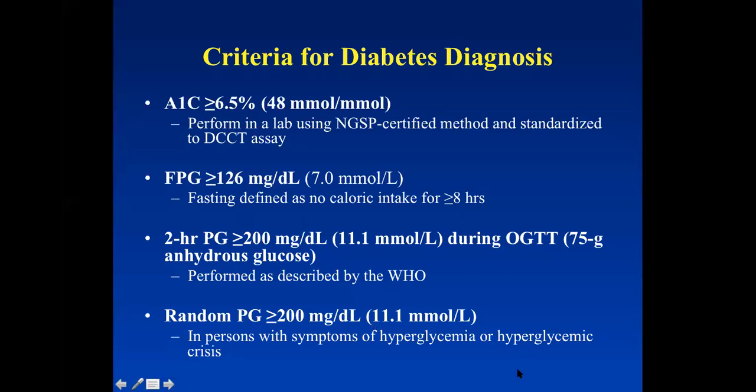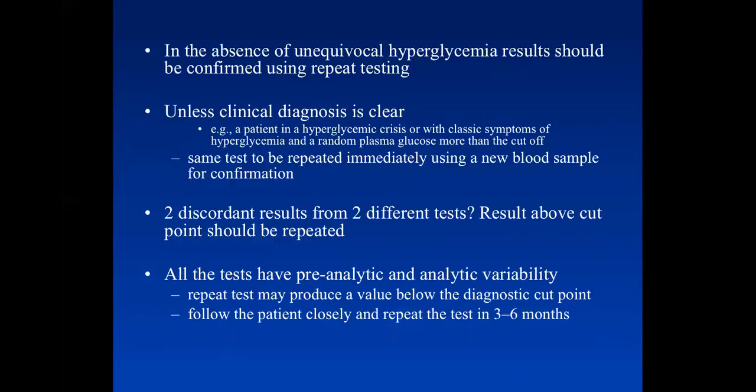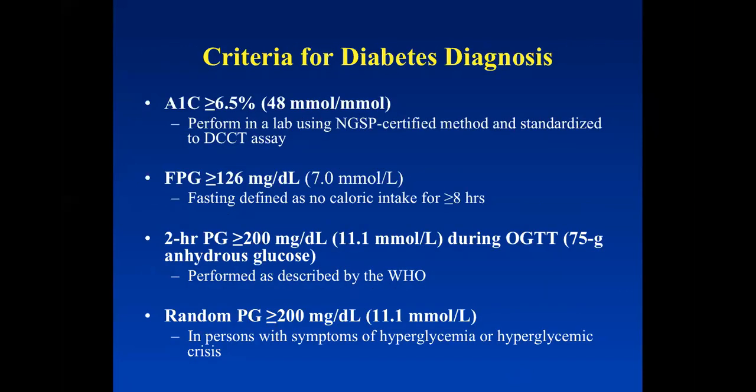If you do an HbA1c, glycated hemoglobin level, if it is more than 6.5% or more than 48 millimoles per mole, so this is expressed in both ways using both units, but the latter is the more preferred unit nowadays because we are going towards SI units.